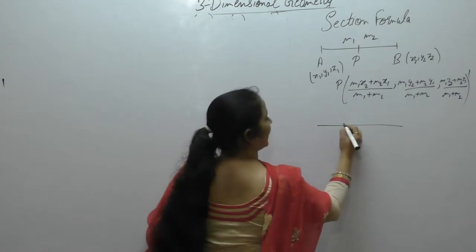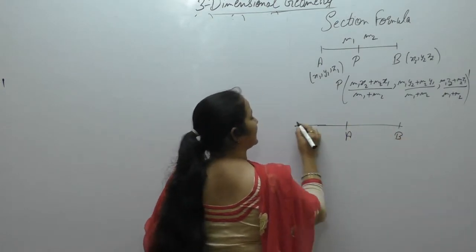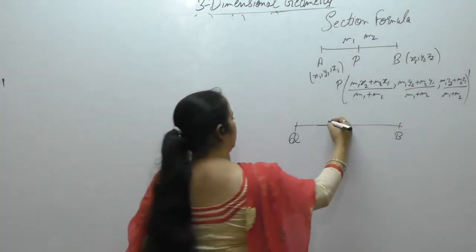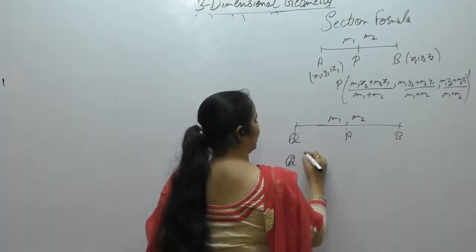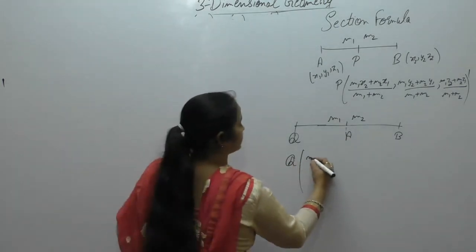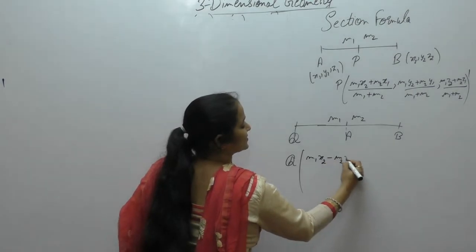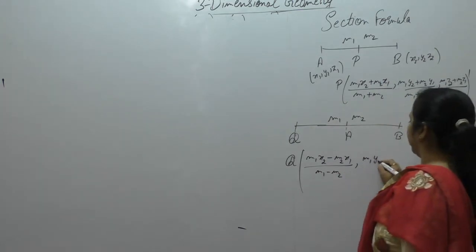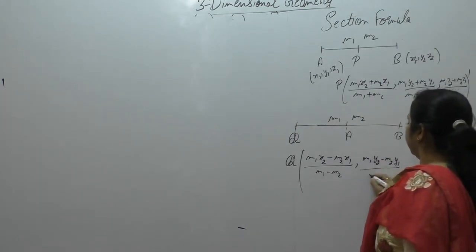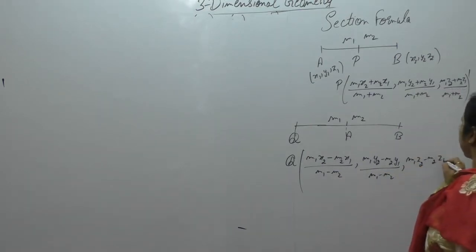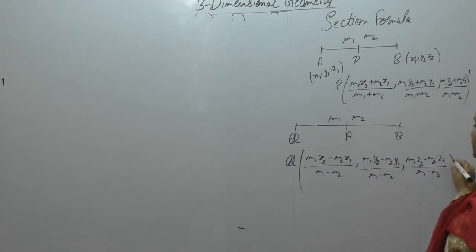और अगर कोई पॉइंट इसको एक्सटर्नली डिवाइड कर रहा है, so this is the point Q which divides A and B externally in the ratio m1 m2, then the coordinates of the point are (m1 x2, here we have negative sign, m2 x1) upon (m1 minus m2), (m1 y2 minus m2 y1) upon (m1 minus m2), (m1 z2 minus m2 z1) upon (m1 minus m2).